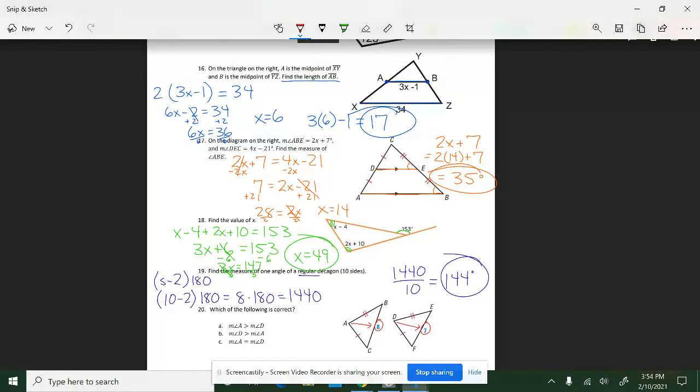Since the other sides of the triangle are congruent, same as when we were doing this with one triangle, the bigger angle has to be opposite or across from the larger side, the longer side. So since A is across from 8 and D is across from 7, A has to be bigger. So we're going to choose this first answer choice here. The measure of angle A has to be bigger than the measure of angle D.